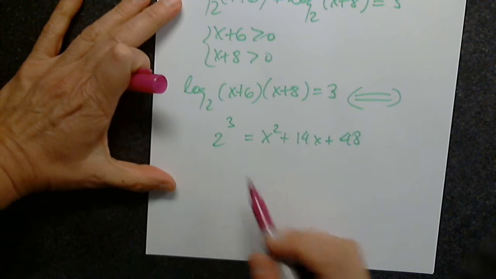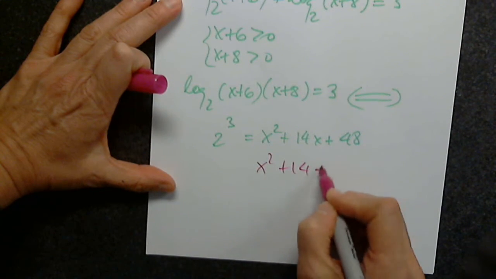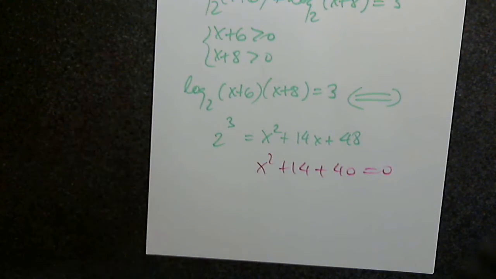So 2 to the third is 8. Of course, it's quadratic. I have to clean it up. I have to set it equal to 0. I'm expecting 2 solutions. And what do I do?